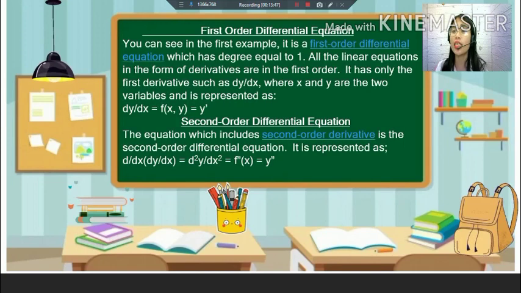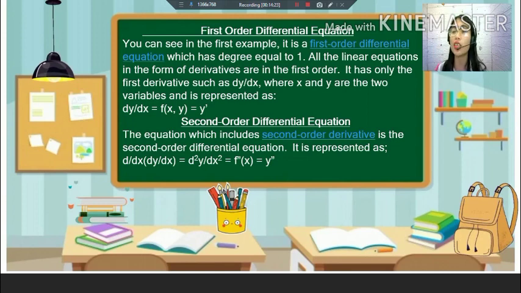Next is the first order differential equation. You can see the first example is a first order differential equation, right? Which has degree equal to 1. All the linear equations in the form of derivatives are in the first order. It has only the first derivative such as dy over dx, where x and y are the two variables, and is represented as dy over dx equals f of x and y equals y prime.